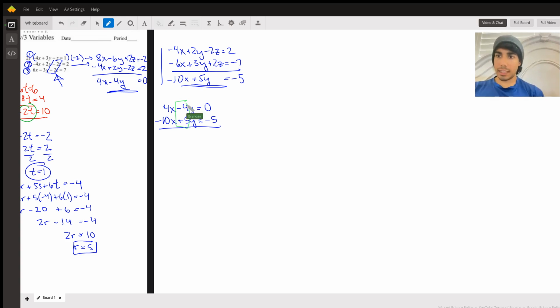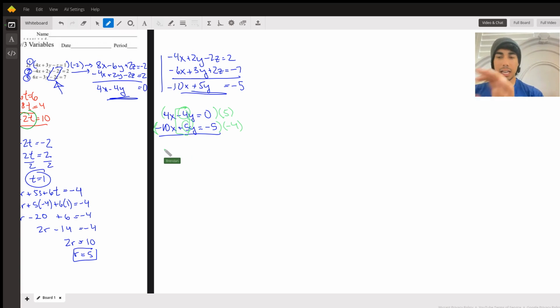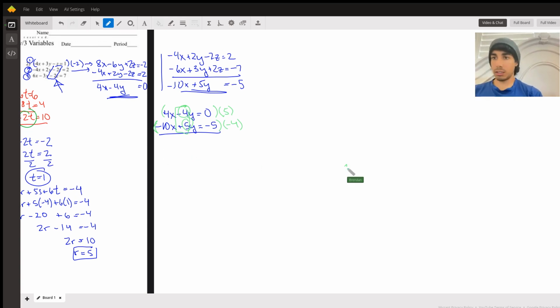I've got this 5 here on my lower equation, so I'm going to multiply the entire upper equation through by 5. I've got this negative 4 on my upper equation. I'm going to multiply the entire lower equation through by negative 4.